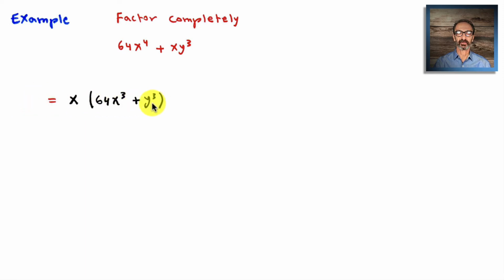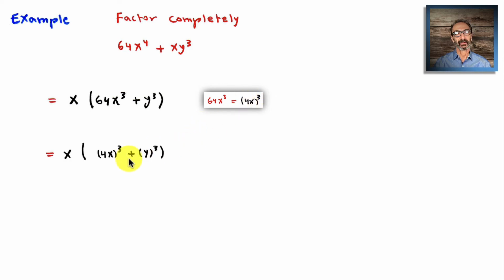Now we have a sum of two cubes. So let's identify these as a cube plus b cube. The first part, 64x cubed, is actually 4x times 4x times 4x. So that will act like my a cube. A is 4x. And that will act like my b. Y is b.